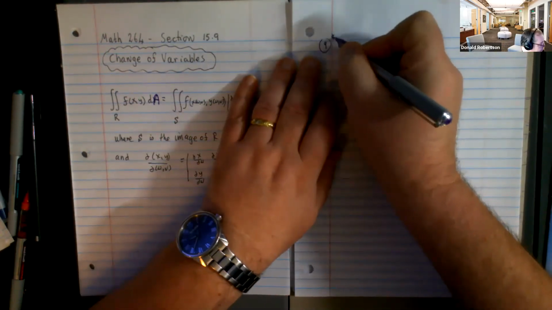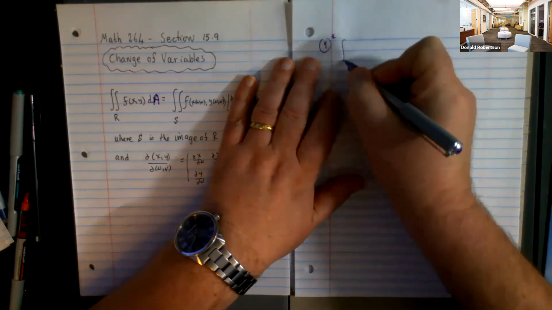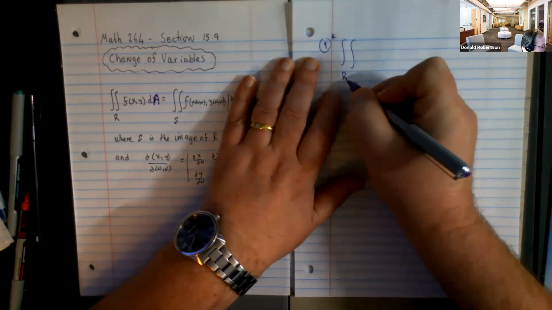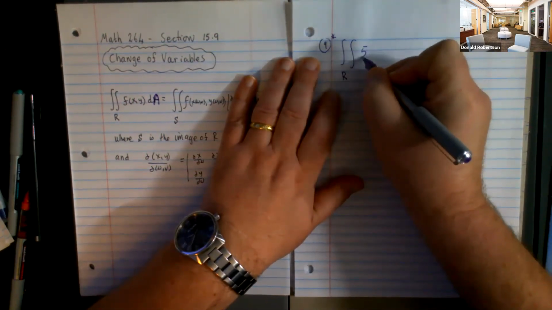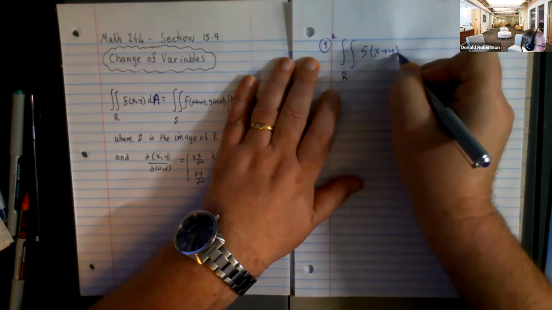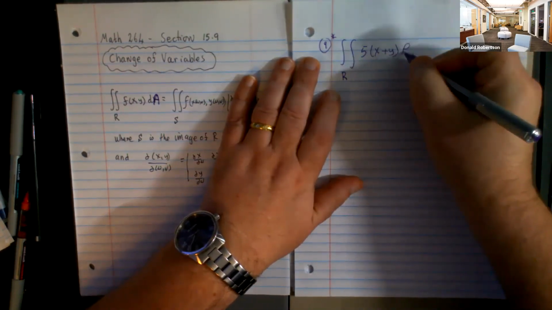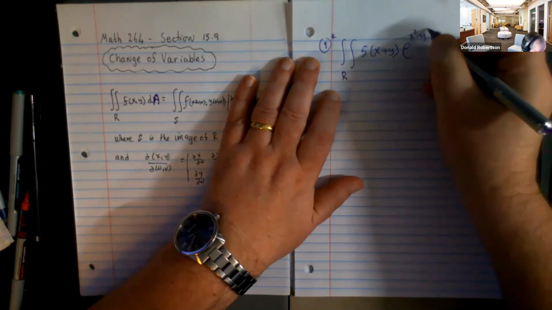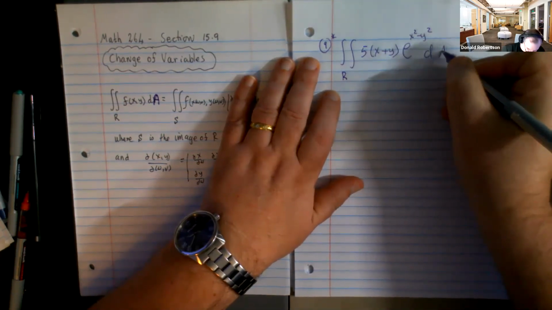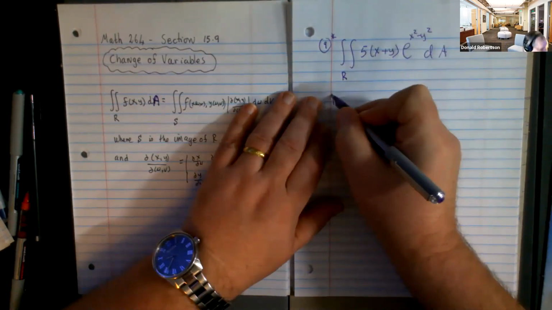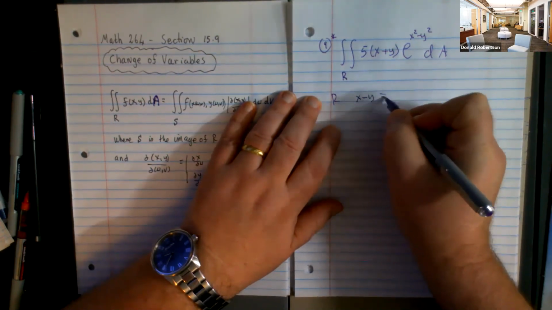So this is 9. And we're going to do a double integral over some region R. 5 x plus y, e to the power of x squared take away y squared dA. And the region R is described in this format.